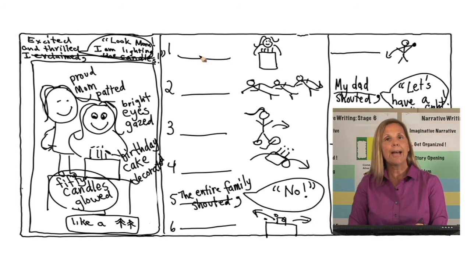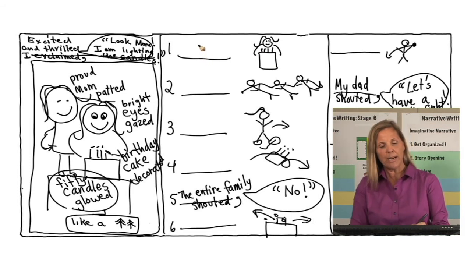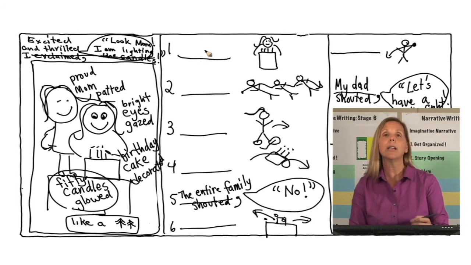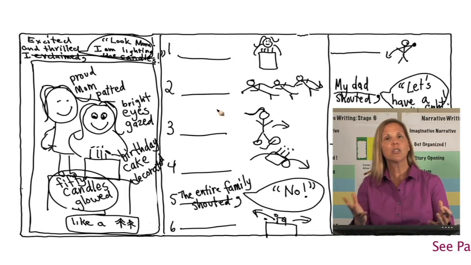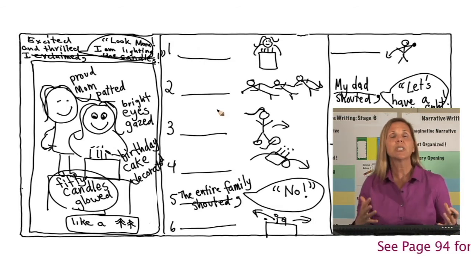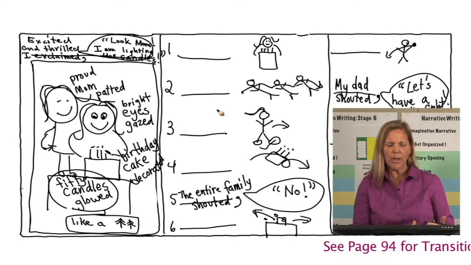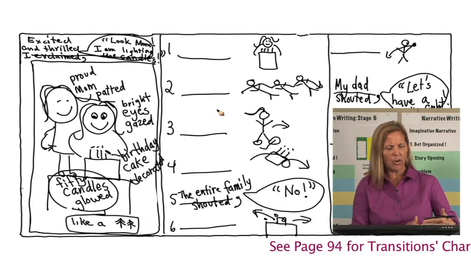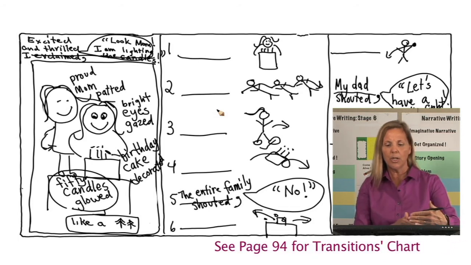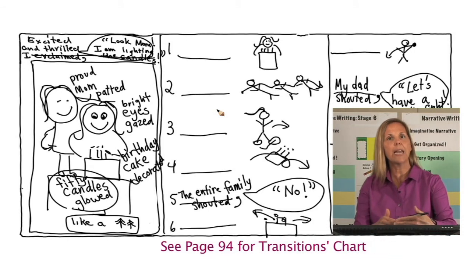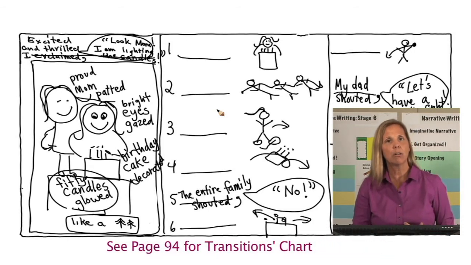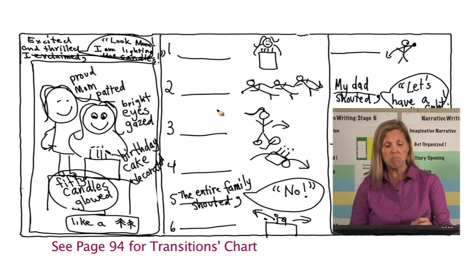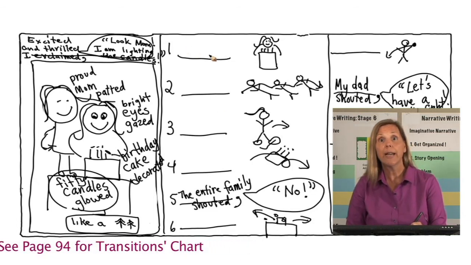Do we want to add a transition? I could write the word I on this box, or I could have a transition. I'll look at my transition page, come up with some ideas there. But I want to say to the kids, how did I get from lighting the candles to picking up the cake and walking out of the kitchen? So maybe I could say, after lighting the candles.